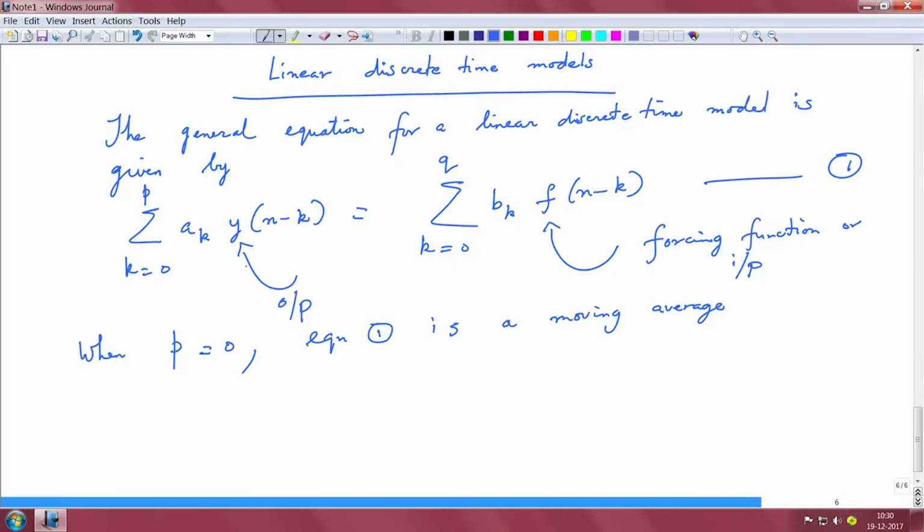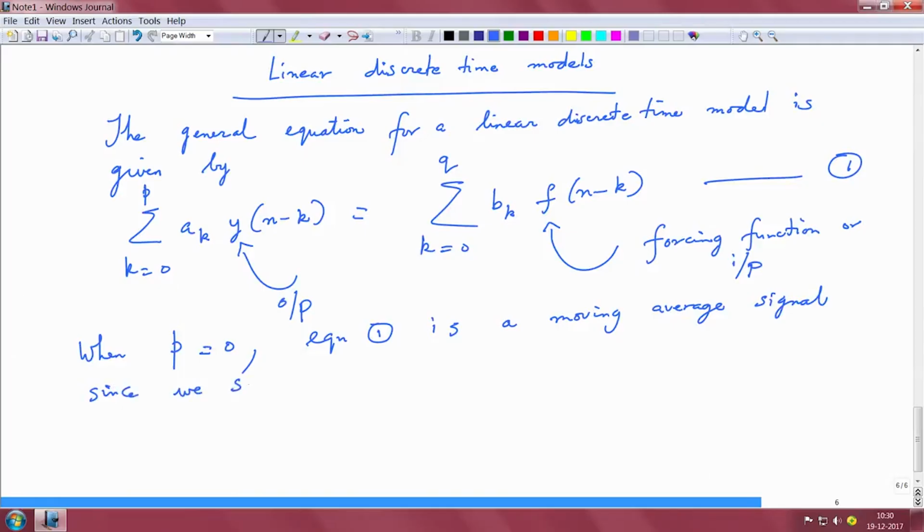So, you just have y of n, which is basically the average of the forcing function, with some weight to this average via these b_k's. So, when p equals 0, equation 1 is a moving average signal.